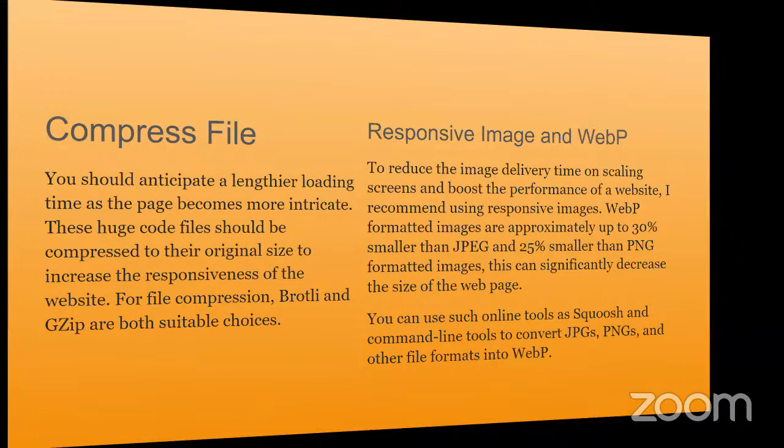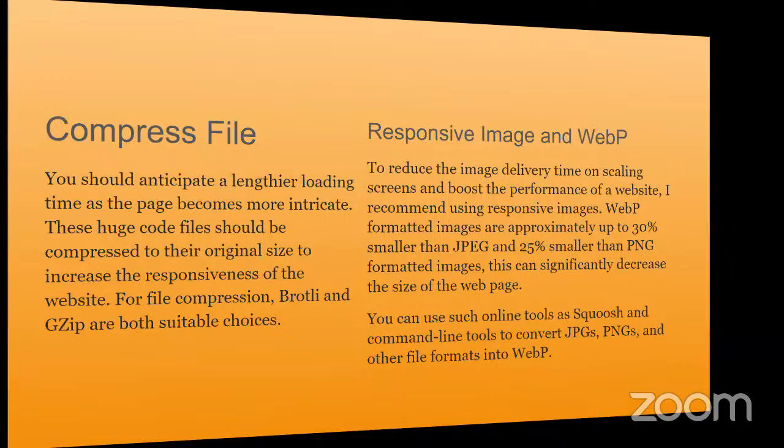Another tip that can be carried out to improve website responsiveness is using responsive images and the WebP picture format. We can reduce the image delivery time on scaling screens and boost the performance of a website. I recommend using responsive images, or employing a WebP package, by converting our JPEG pictures, our PNGs, and other file formats into the WebP format.